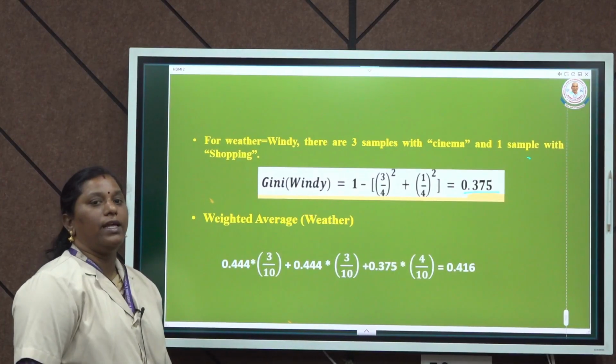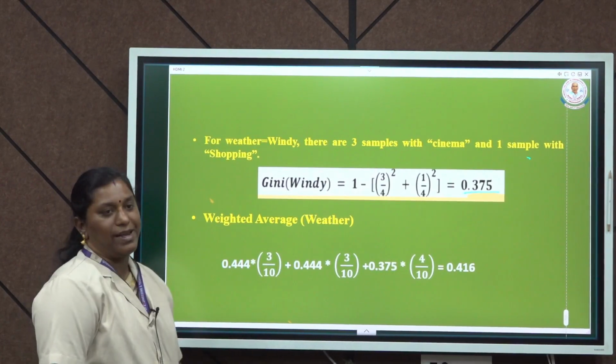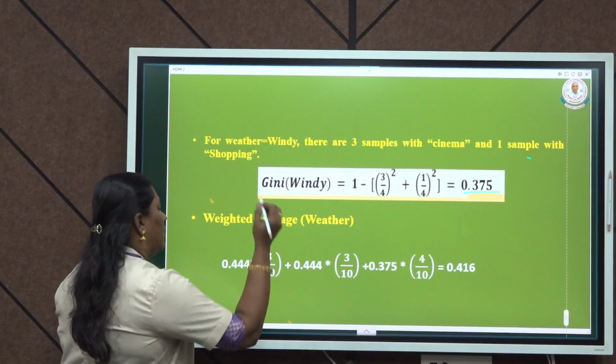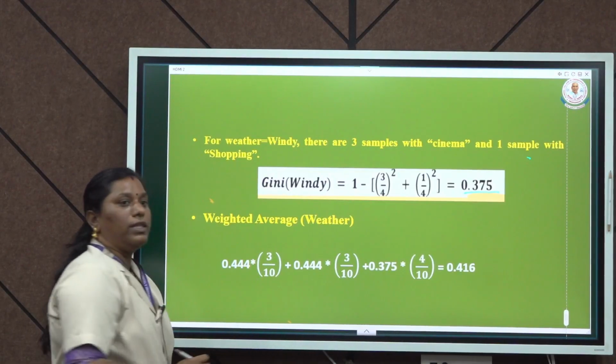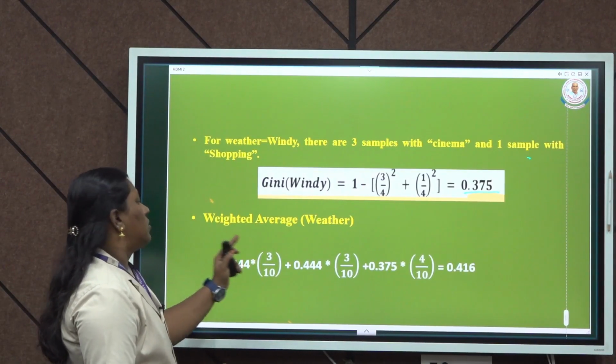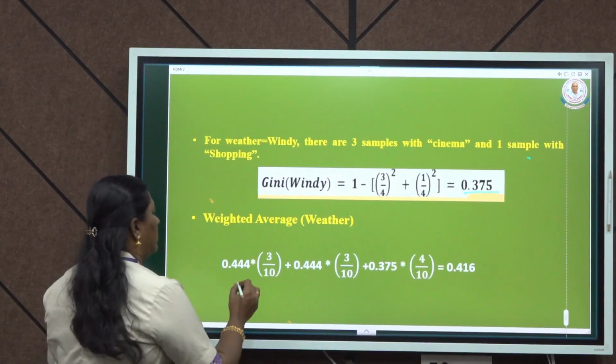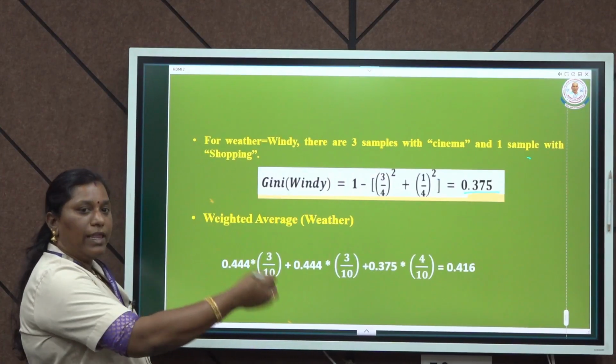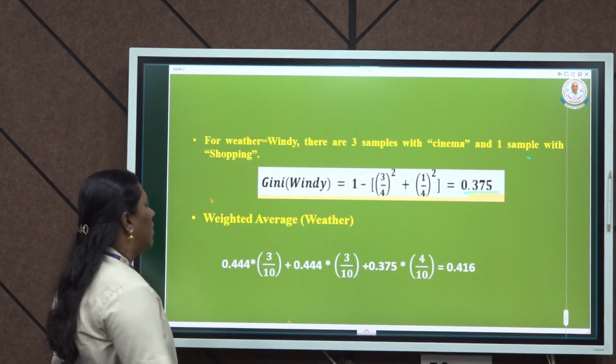Next, let us calculate the weighted average for the weather attribute. There are 3 values for weather: sunny, rainy, and windy.